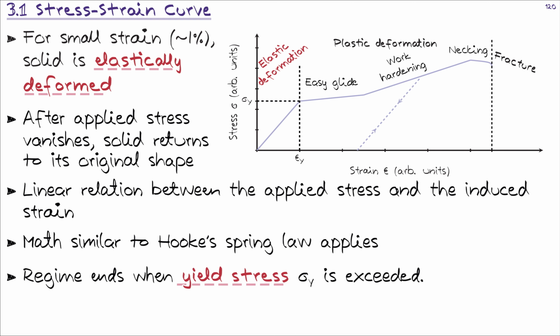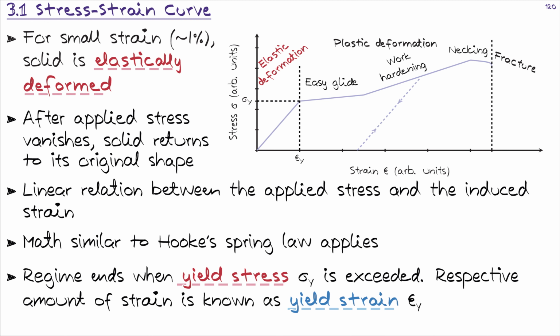Where this regime ends, we go into the plastic deformation regime at a given value of stress we call yield stress, with sigma y as the symbol. When we exceed this value, we are beyond the elastic regime. The respective amount of strain is known as yield strain, and the symbol that we use is epsilon y.